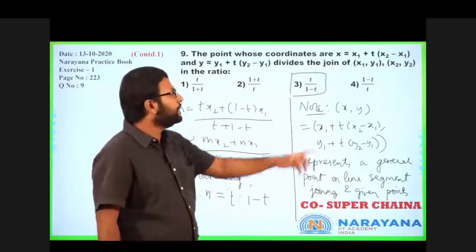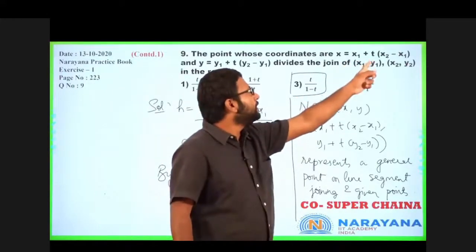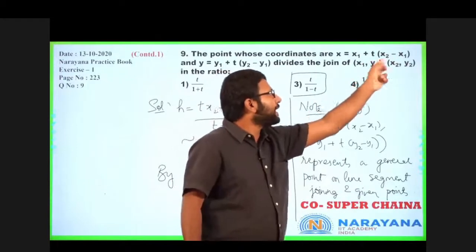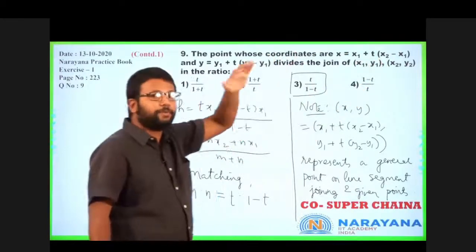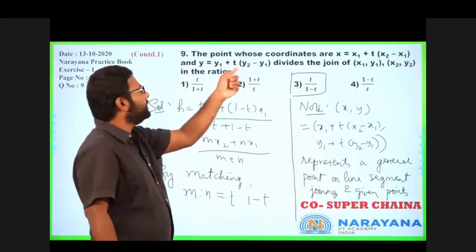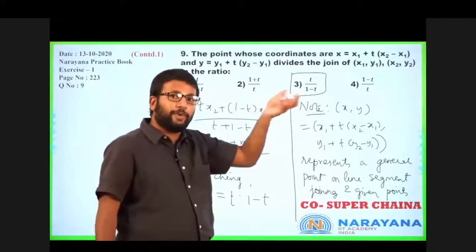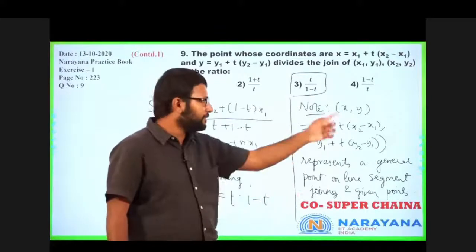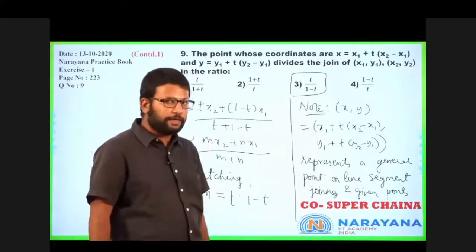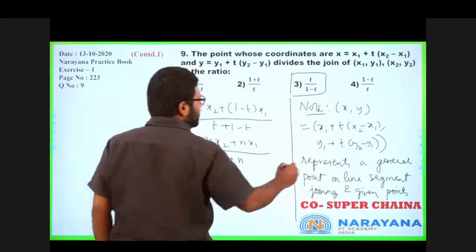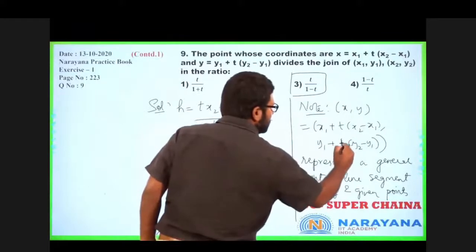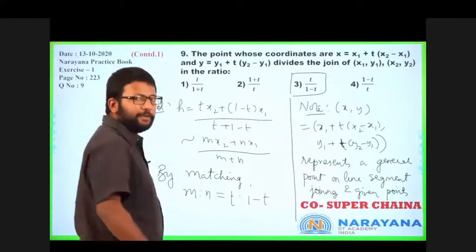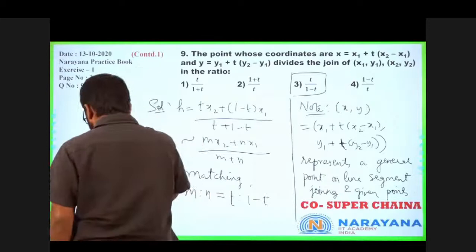And if I put t equal to 1, x1 plus x2 minus x1, x1 will get cancelled, you will get x2, and similarly y2. So putting t equal to 0 gives one endpoint, putting t equal to 1 gives the other endpoint, correct? Which is why this is a very useful form. Alright? Okay. Shall we proceed then? Let's do that.